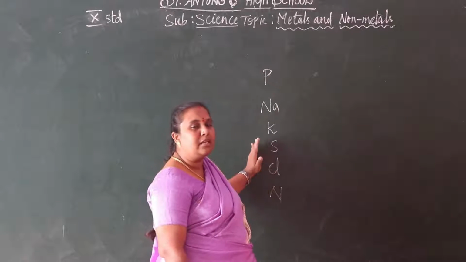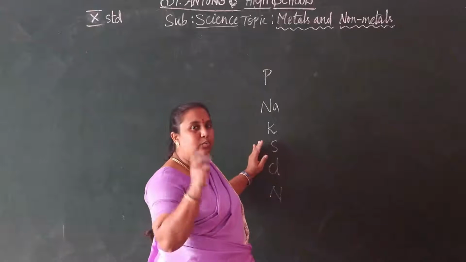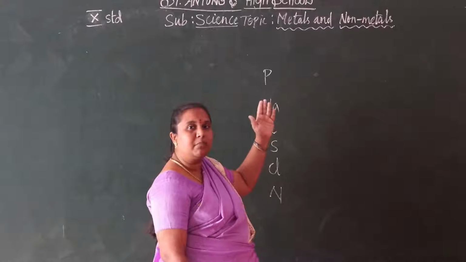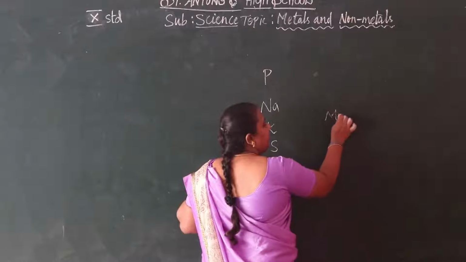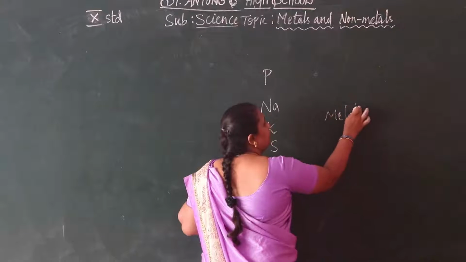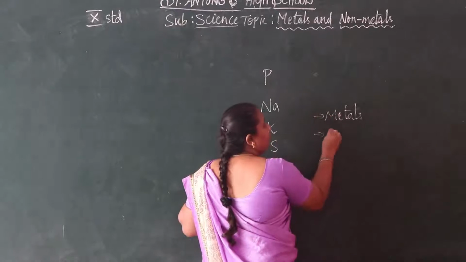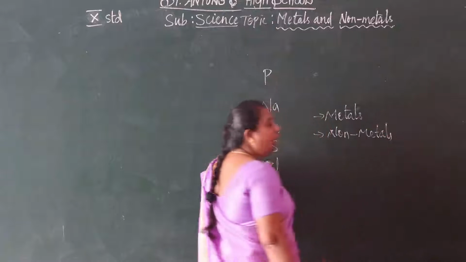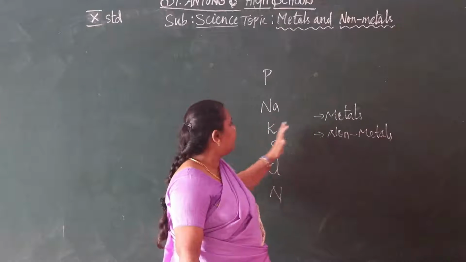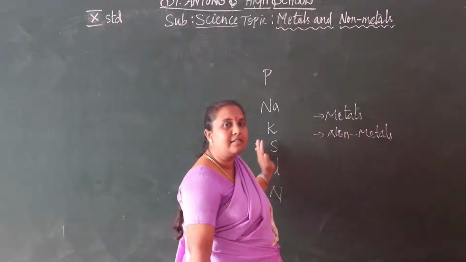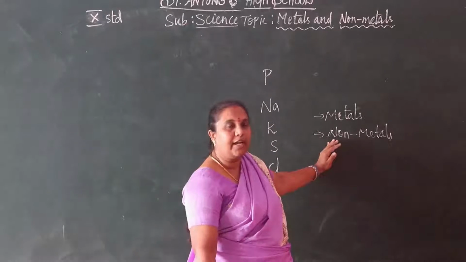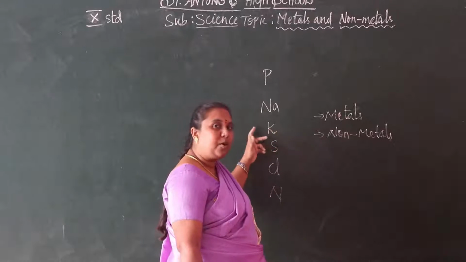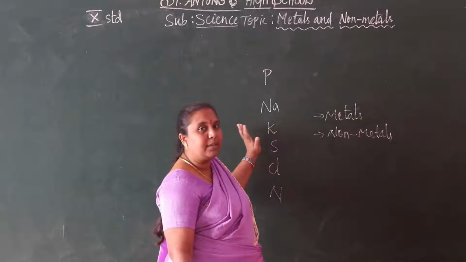These elements are divided into two types. What are those two types? Metals and non-metals. How are we dividing them? This element is metal and this element is non-metal based on their properties, based on their physical properties or their chemical properties.